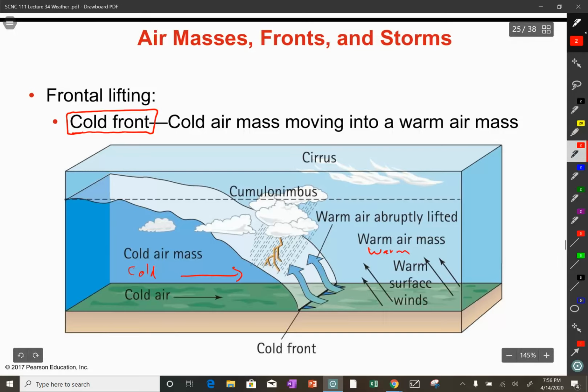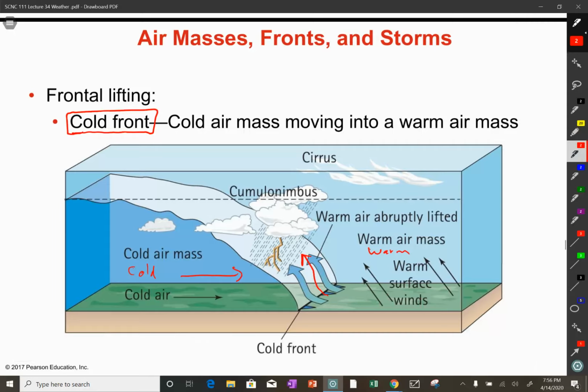And just like when we talked about plate tectonics and we have the more dense oceanic plate subducts or slides underneath the less dense continental plate, we have the same thing here. The more dense cold air pushes its way underneath the less dense warm air. And so the warm air is forced up on top of the cold air.